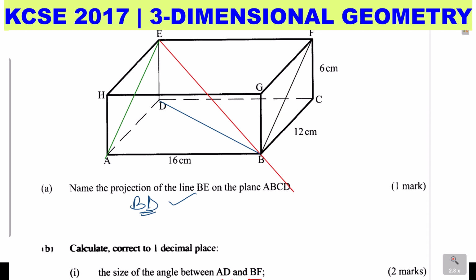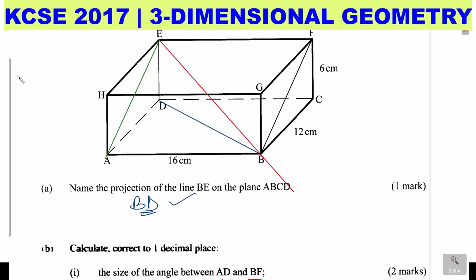So to get the angle between AD and BF, you simply need to translate BF so that you can bring it to where we have this line AD, and when you translate it, that will be the line. Now you have AD and you have AE.